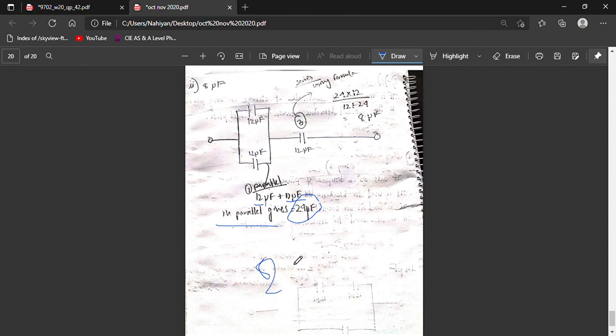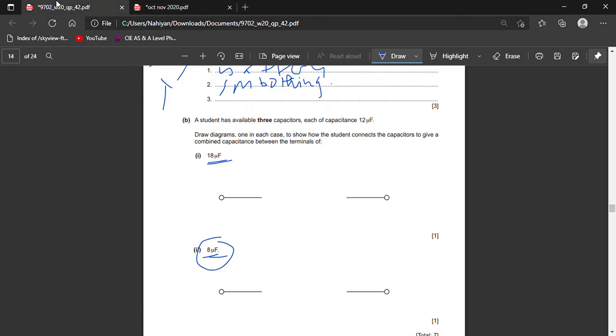Now the 24 and the 12 are in series. For the capacitance, you use the formula: you multiply both and divide by the addition of both. So you get 8 microfarad.